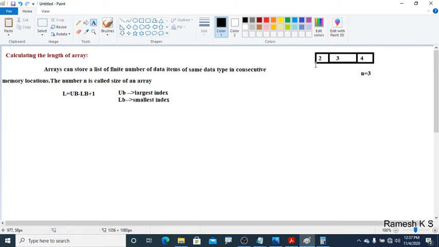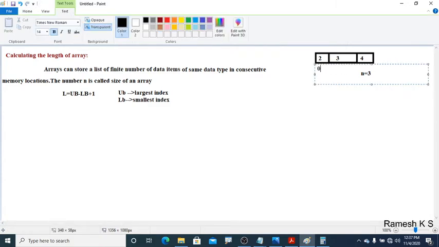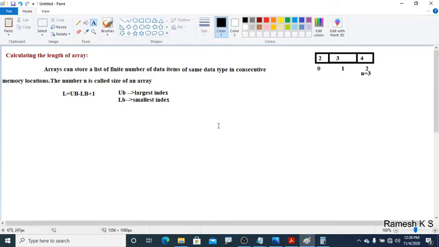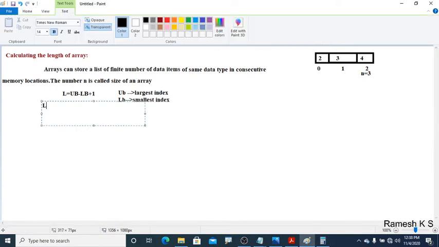I am taking 0 position, first position, second position. So the largest index is 2. UB is 2. So L is equal to UB, which is 2, minus LB, which is 0, plus 1. So what is the value? 3.